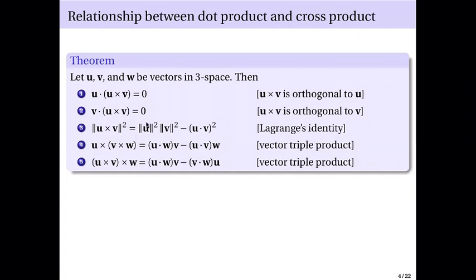So norm squared of U times norm squared of V are both numbers, and their product is just a number. The dot product is also a scalar, so U dot V is a number, and you square it to get another number. So this is a number minus another number, which gives you another number. So this equality at least makes sense.